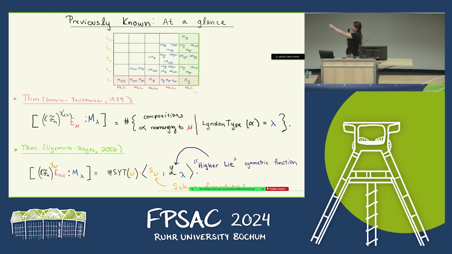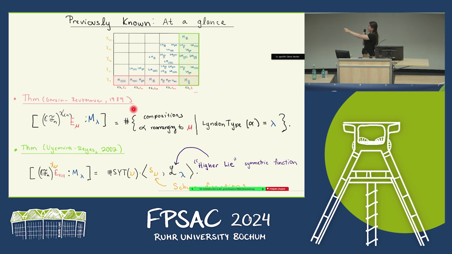Here, this pink theorem is saying that if you're in the bottom row and you look in the mu box, the number of lambdas you should draw, you just count the number of compositions rearranging to mu which have Lyndon type lambda. I'm not telling you what Lyndon type is, but it has something to do with Lyndon words. And I think this is a very nice result.